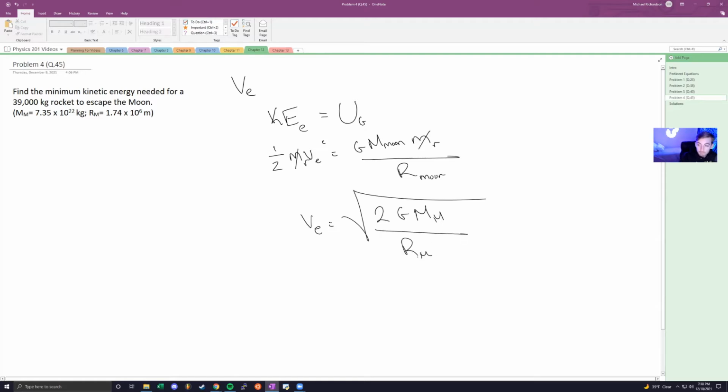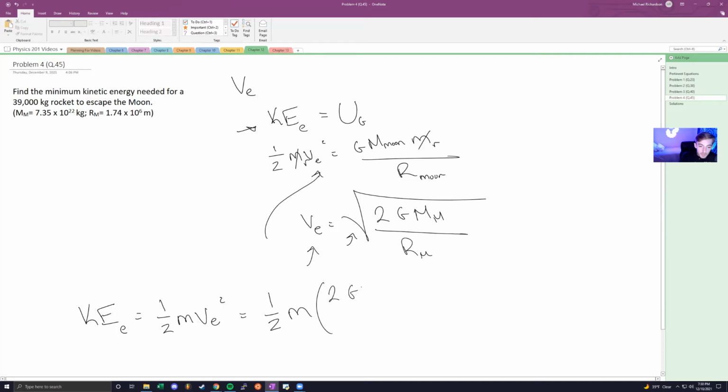is just the moon. Okay, so the kinetic energy we're going to need to actually exit this, we're going to want to plug this right back in here. So what we get is that our kinetic energy for us to escape, we'll call it sub E, is going to be equal to 1/2 m times our escape velocity squared. So plugging it back in, you get 1/2 times the mass. And since we're squaring this number and there's a square root inside of it, we're just going to automatically apply that.